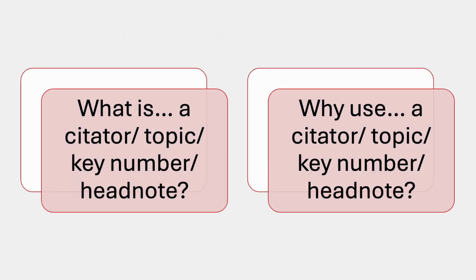But first, let's think about some of those indexing tools, those citator tools. What is a citator? We talked about citators and their multiple purposes, and about citators being the foundation for these indexing systems. So when we see that line of tabs up top, whether we're looking at Westlaw or Lexis, we're seeing citing references, other citing sources, citing decisions, table of authorities.